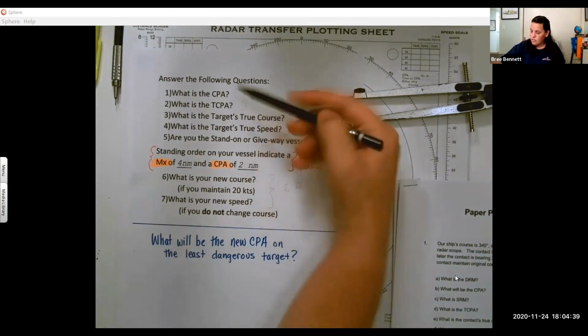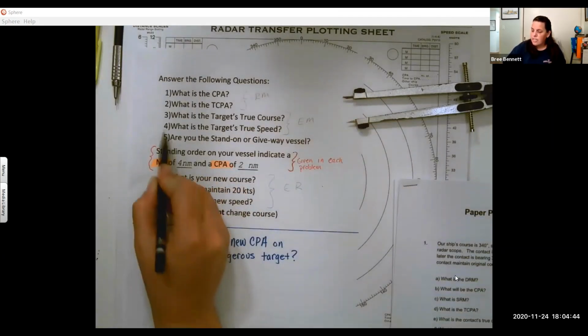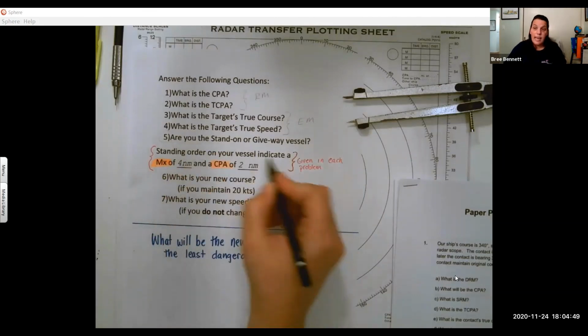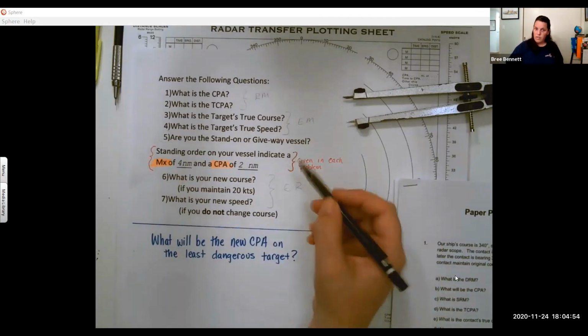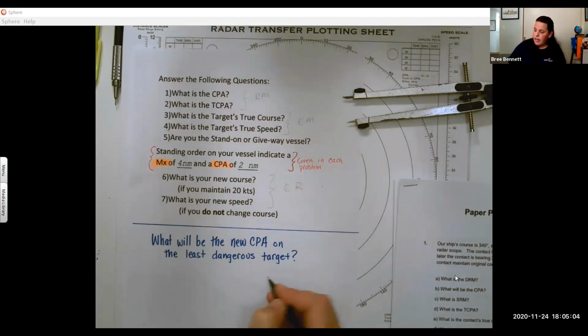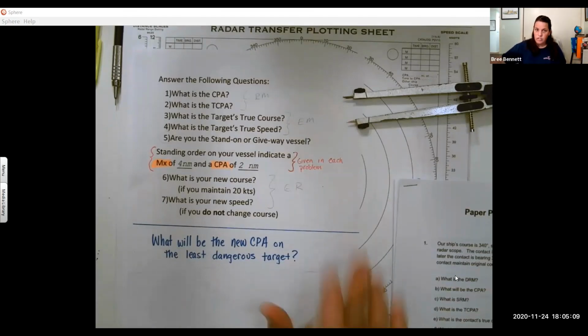The question becomes which one's most dangerous, and in that situation, are you the stand-on or giveaway vessel? And then what is going to be the new CPA of the least dangerous target? So if you turn for one target, how will it affect the other target? And that is going to be all of our paper plotting. So we're just focusing on these questions.